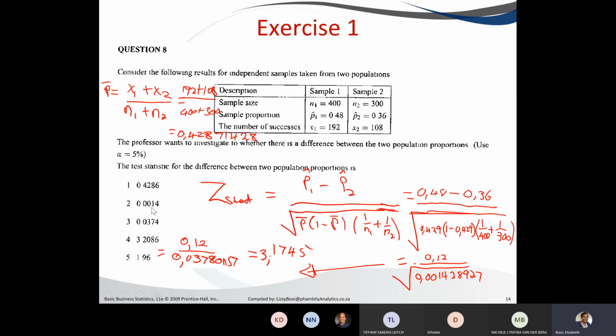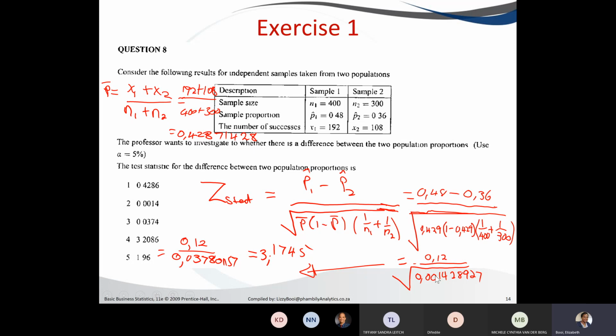But now you must be very careful, because when you're calculating step by step, all these options here are the correct options. If you look at the first one, it was the point estimate. So if we use the point estimate, we would have chosen that one. The next one, which is 0.014, is almost exactly the same as that one.